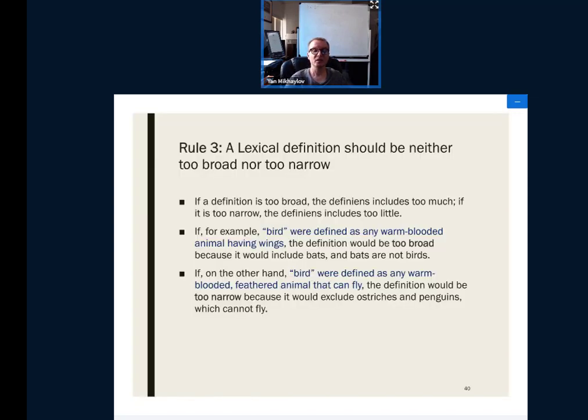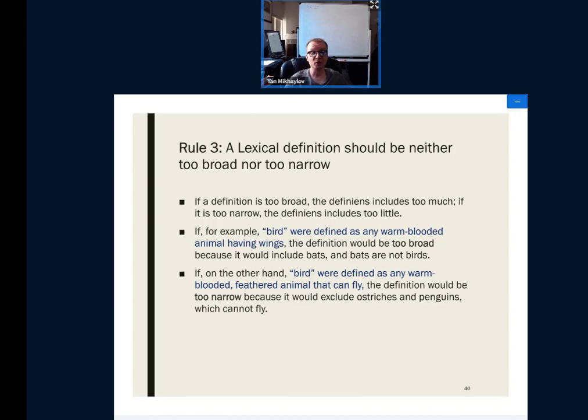Rule number 3, a lexical definition should be neither too broad nor too narrow. This is very important because when you guys make attempts at defining words, giving them genus and difference definition, you often go either too broad or too narrow. For example, bird could be defined as warm-blooded animal having wings.